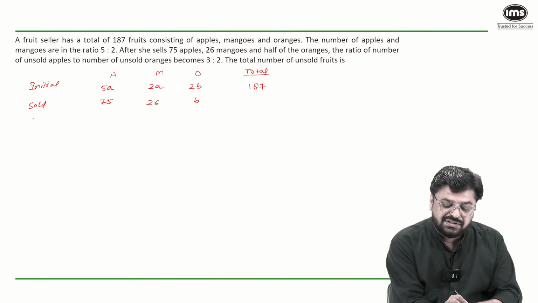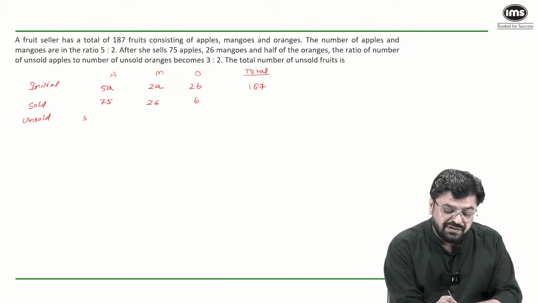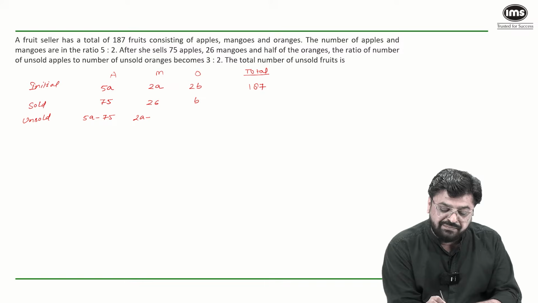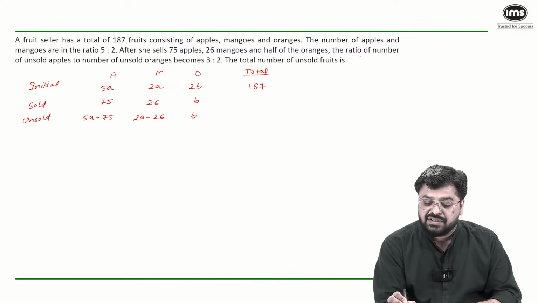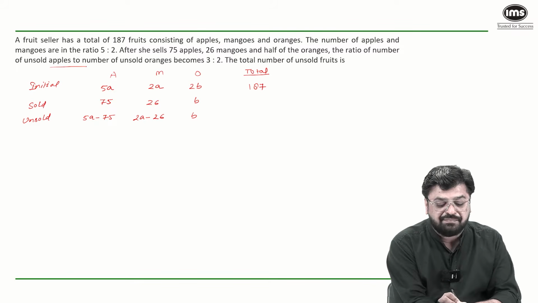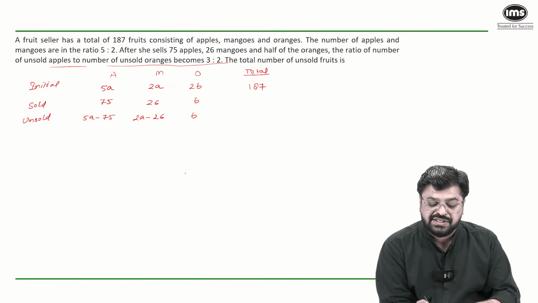Then the unsold quantity will be 5A minus 75, 2A minus 26, and B. The ratio of the number of unsold apples to the number of unsold oranges becomes 3:2.